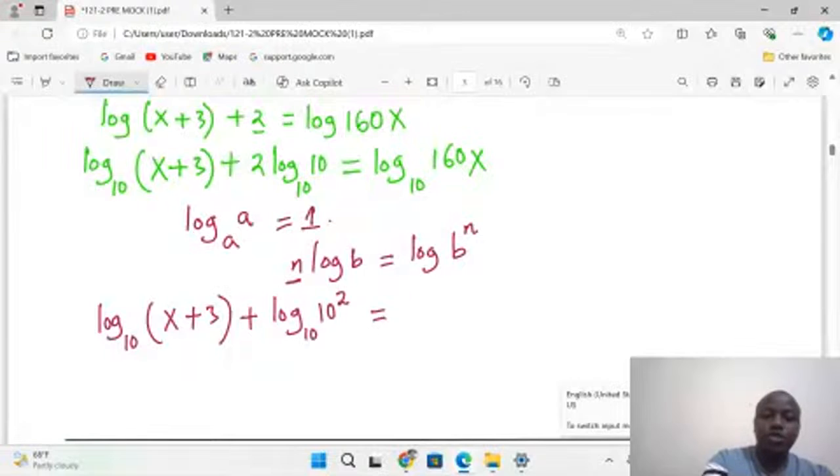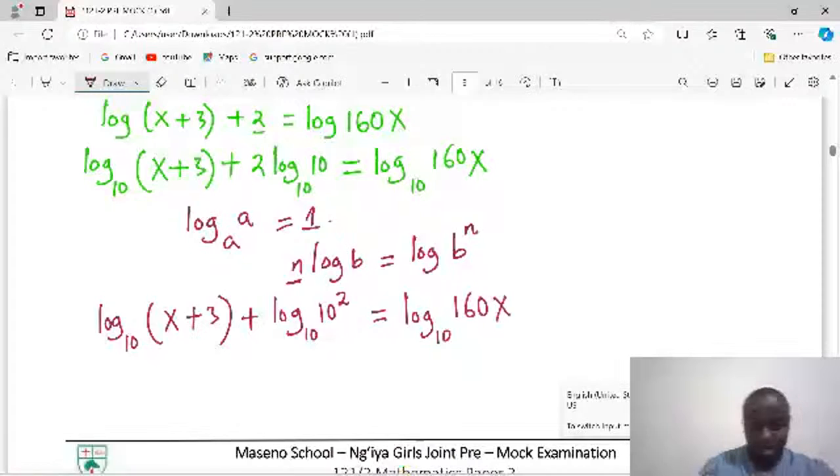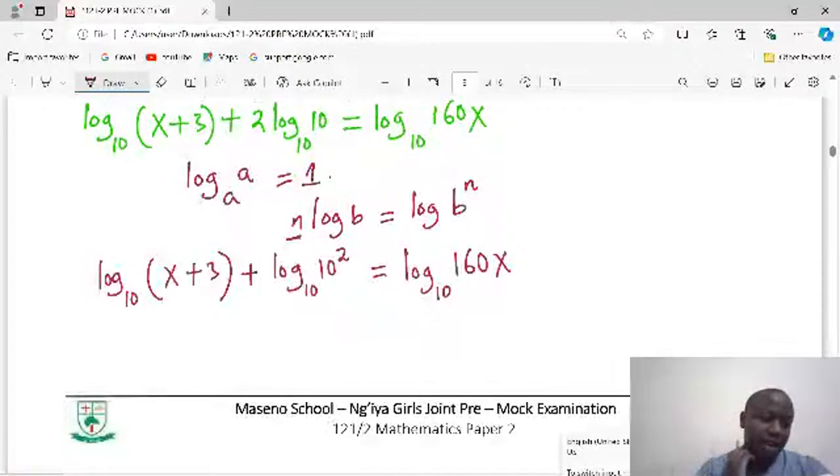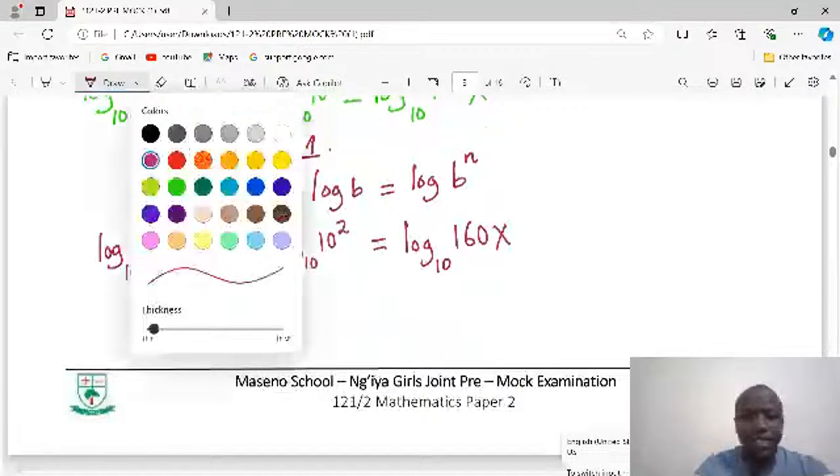This is equal to the log to base 10 of 60x.